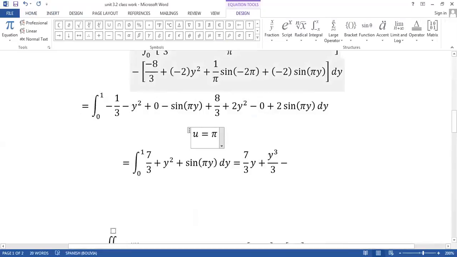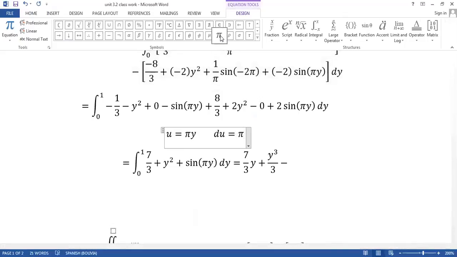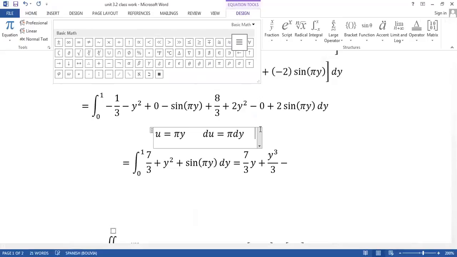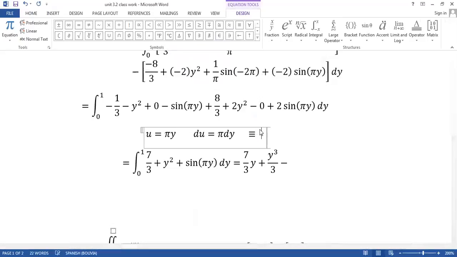So u is pi y, and du is equal to negative sine pi dy. Right, so that means dy is equal to 1 over pi du.